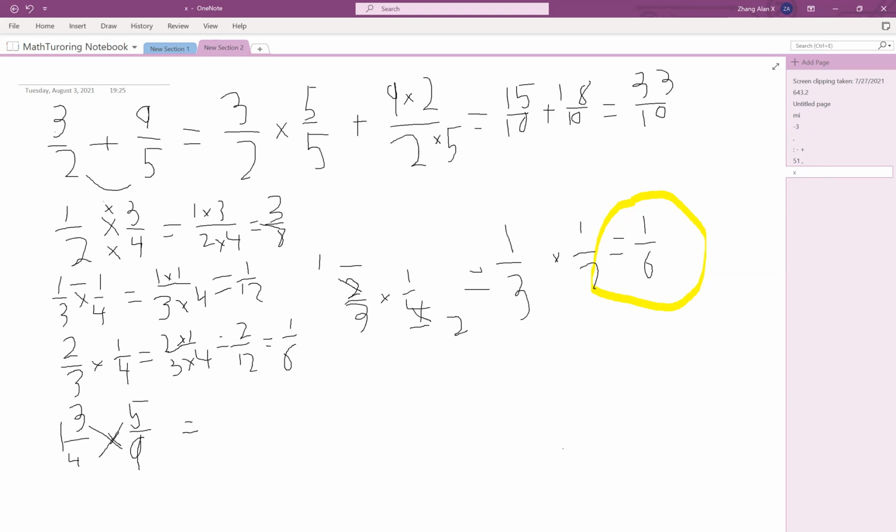Claire, would you like to help and chime in? We could simplify 3 and 9. So the 3 becomes a 1 and the 9 becomes a 3. Yeah. And how'd you do this? Well, 9 and 3 are both divisible by 3.